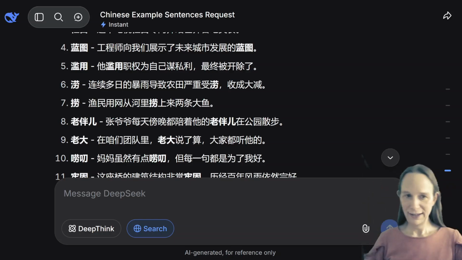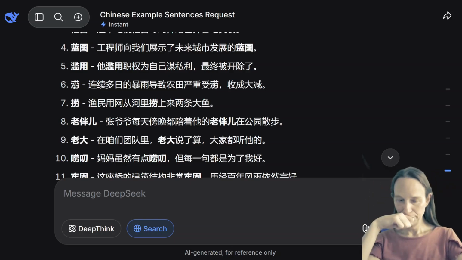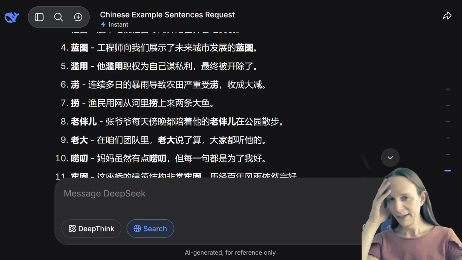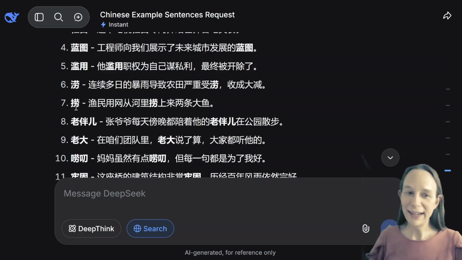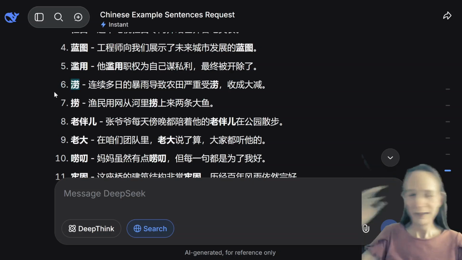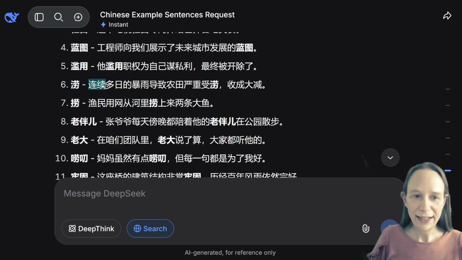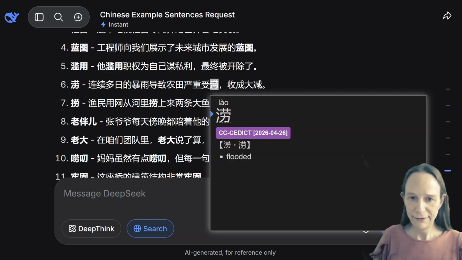All right. So, low. I do not know. I do not recognize this character. 连续多日的暴雨导致农田严重受涝. I think this might be silt or something like this. 收成大减, flooded, 涝.